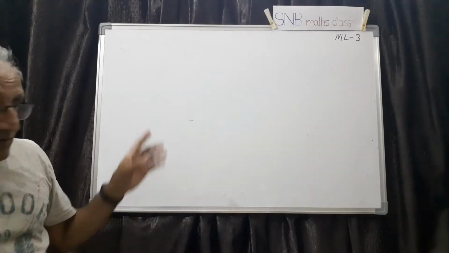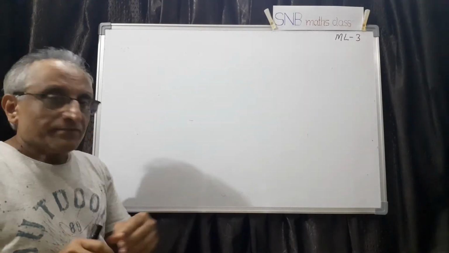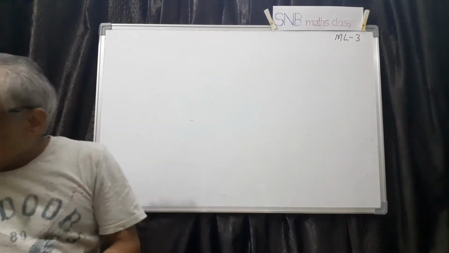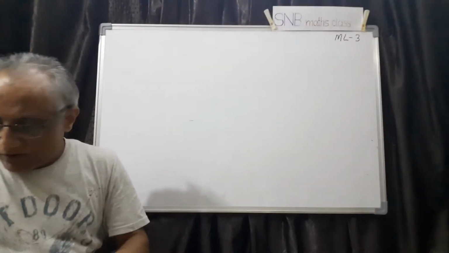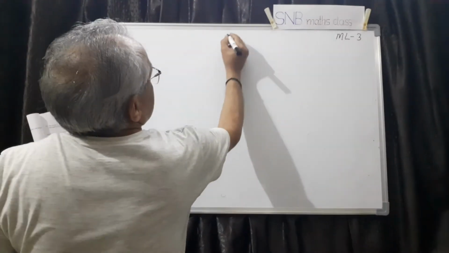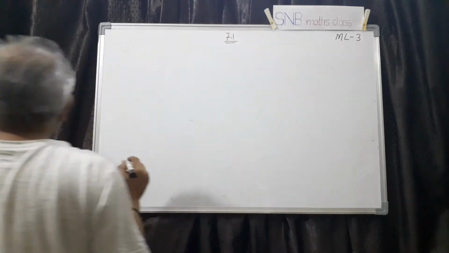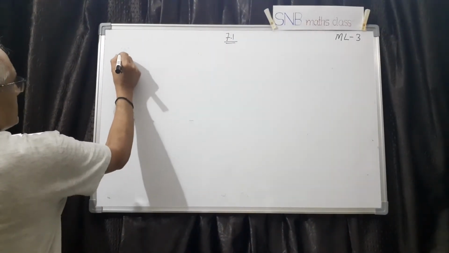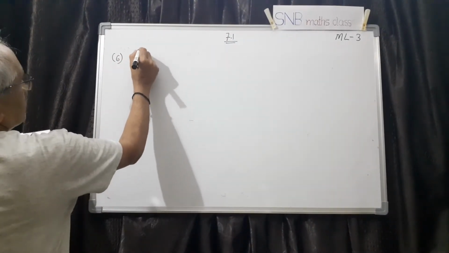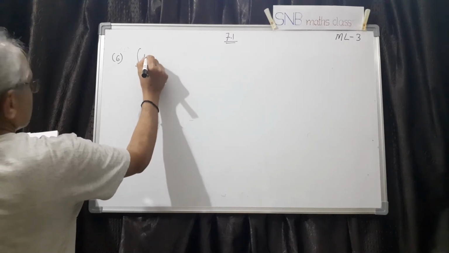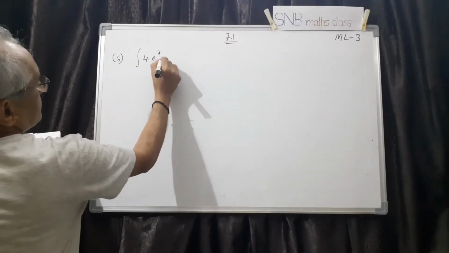Now let me take a few more examples based on this rule only in this session. So let me take, for example, exercise problems, that is exercise 7.1. See, one question, the sixth question is integrate 4e^x plus 1.